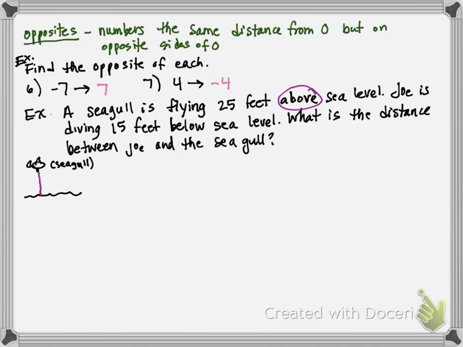So this is going to be 25 feet, the seagull to the water. And then we've got Joe. Oh boy, this is going to be fun. Joe. He's having fun, his arms are in the air, and he's got a smile on his face.